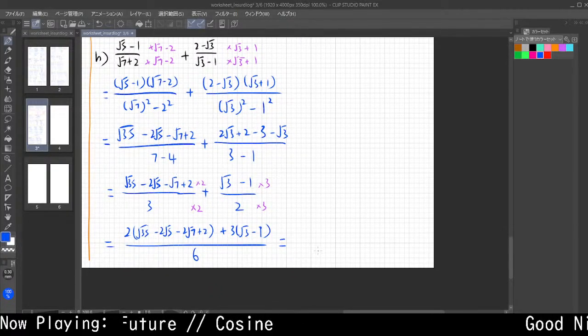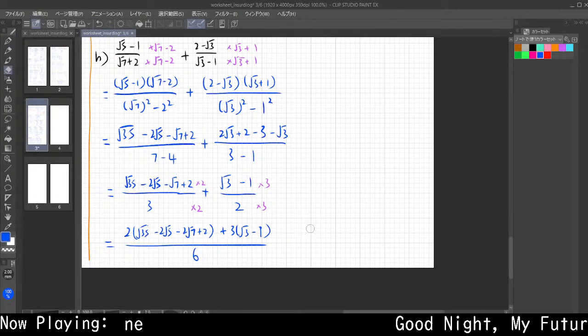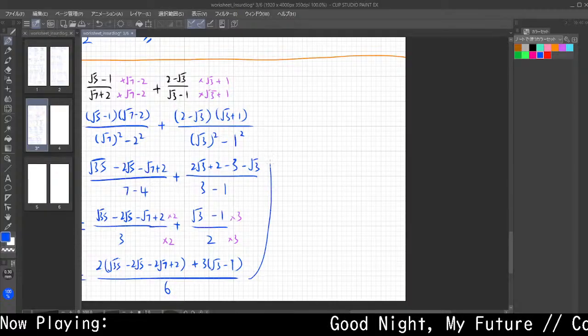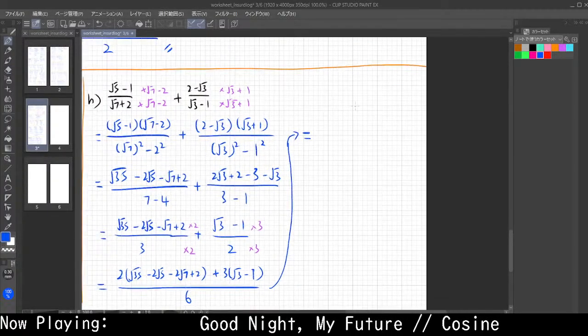Just multiply everything into the corresponding brackets. This is okay. Let's do it here instead.